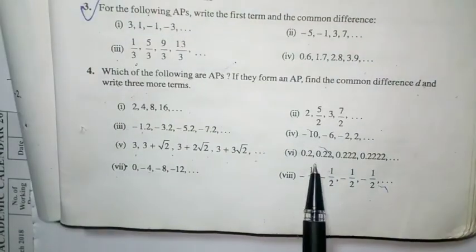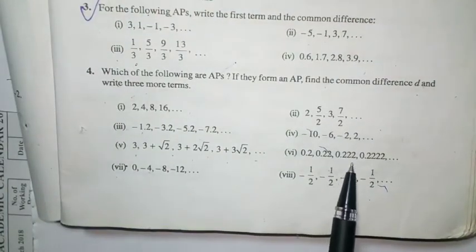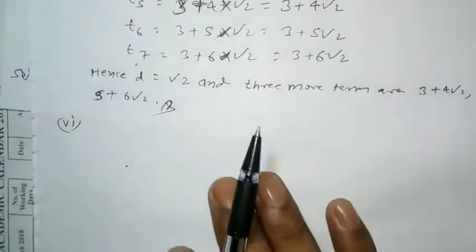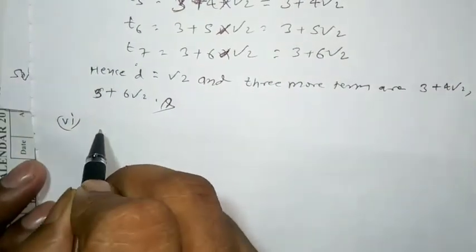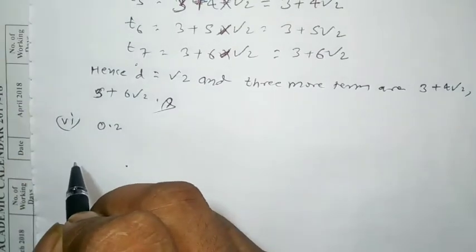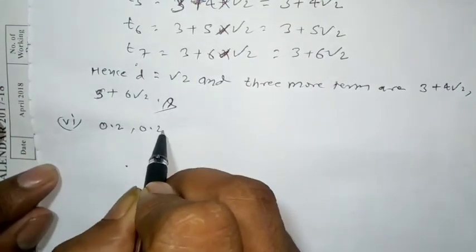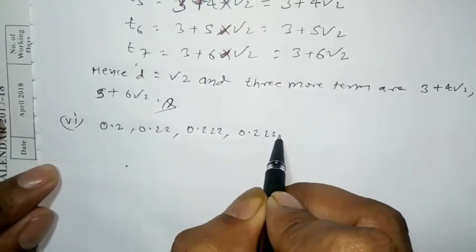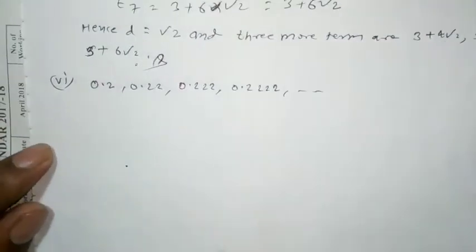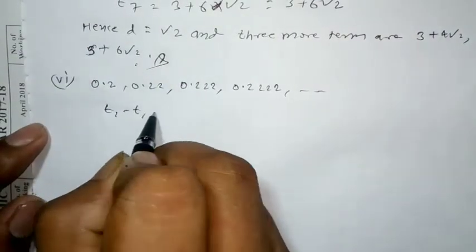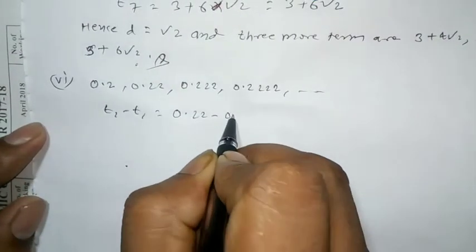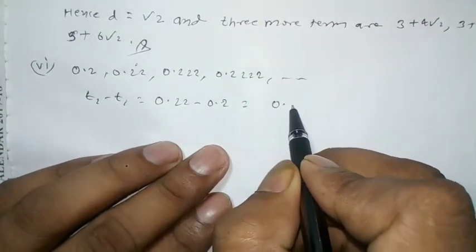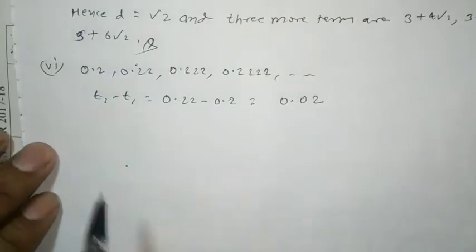Question number 6: 0.2, 0.22, 0.222, 0.2222 dot dot dot. Here T2 minus T1 is equal to 0.22 minus 0.2, equal to 0.02.